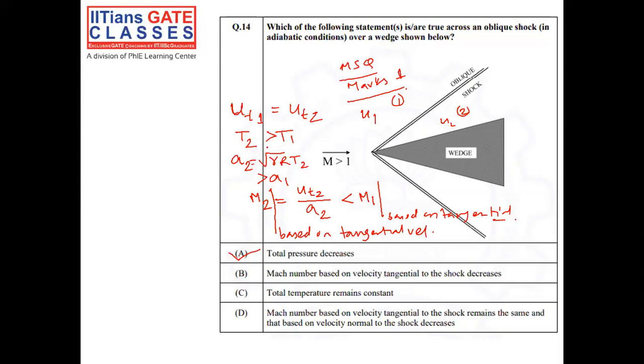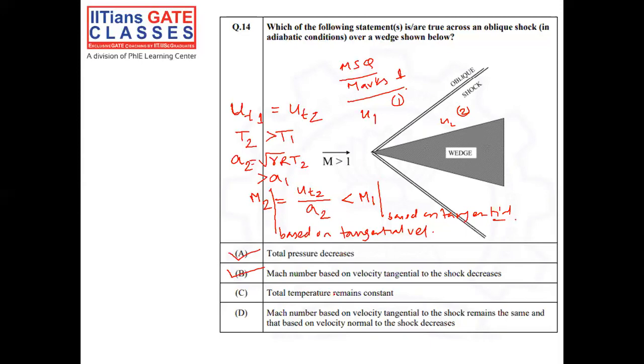Because the velocity is the same, Ut2 equal to Ut1, but a2 is higher than a1, so M2 will be less than M1. So this is also a correct option.